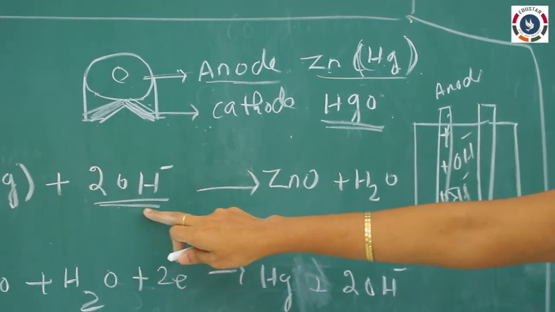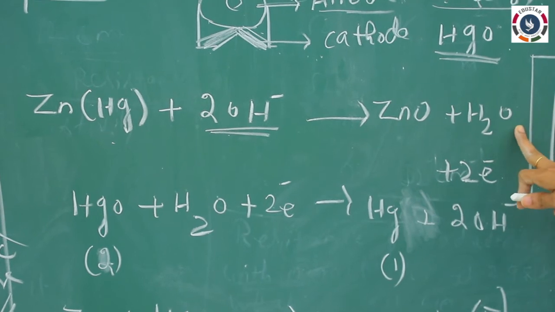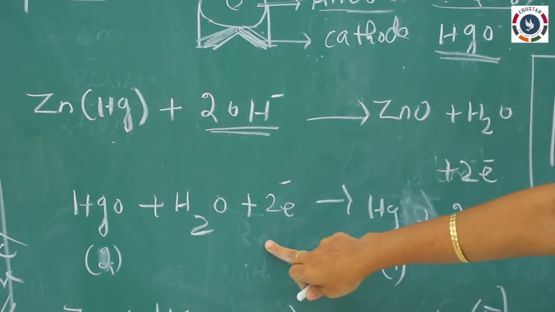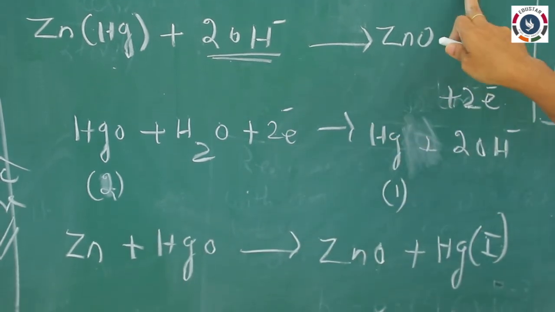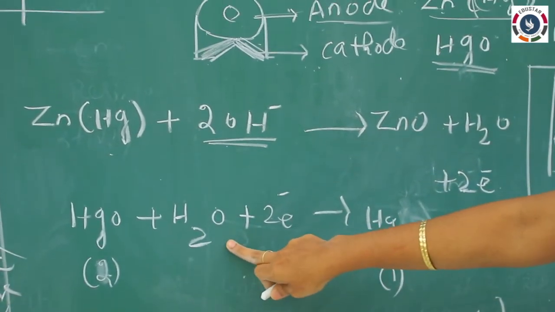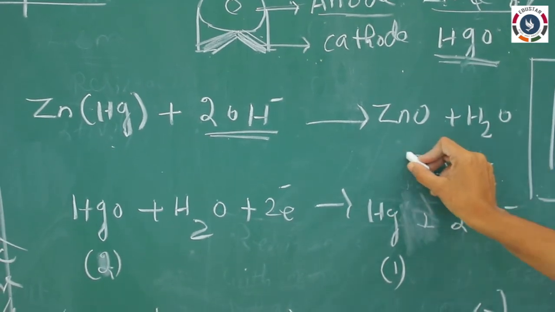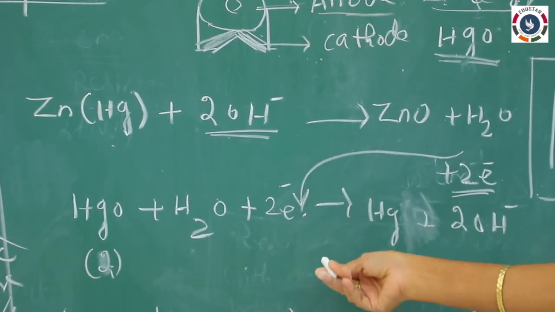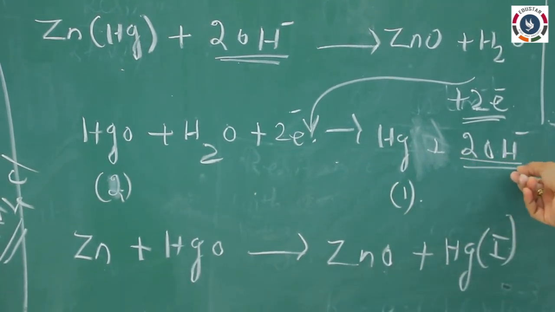So, zinc plus OH minus gives zinc oxide plus water. Next, I have written the cathode reaction, that is HgO plus water. The electrons liberated in the anode get added to the cathode compartment. I am getting Hg plus 2OH minus ions.